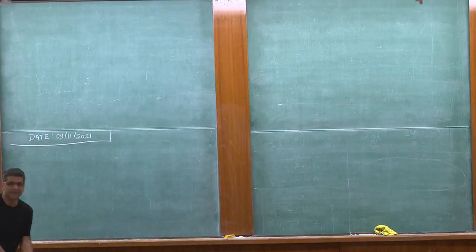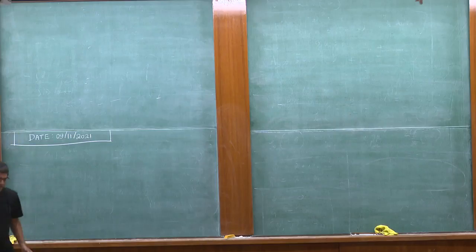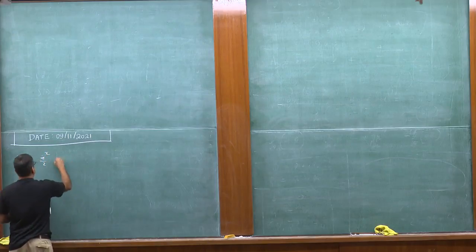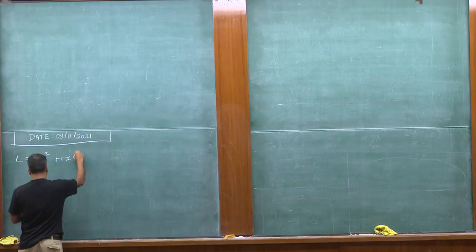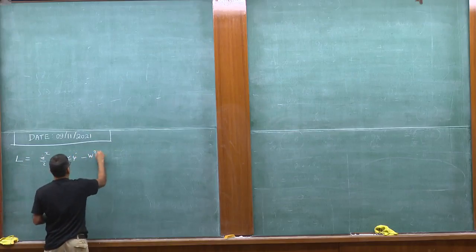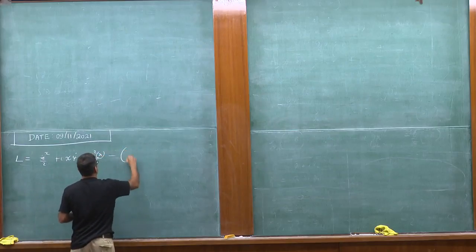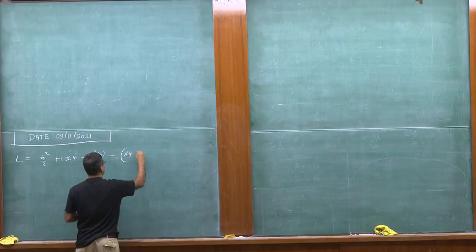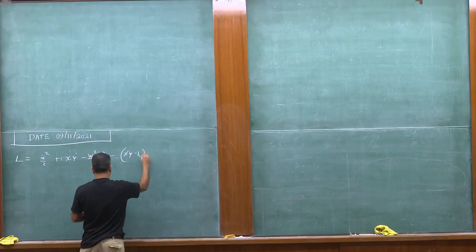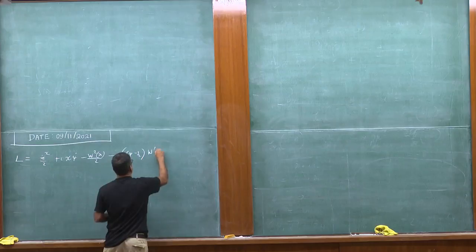Before moving on to exactly what we need to talk about today, there's one clearing up thing that we didn't have time for last time. At the end of the last class, we found this Lagrangian: x dot squared by 2 plus i chi psi dot minus w squared x by 2 minus chi psi, I think, minus half w prime of x.